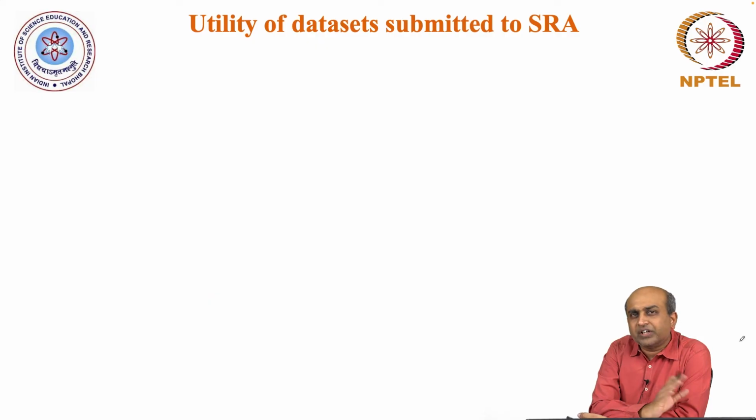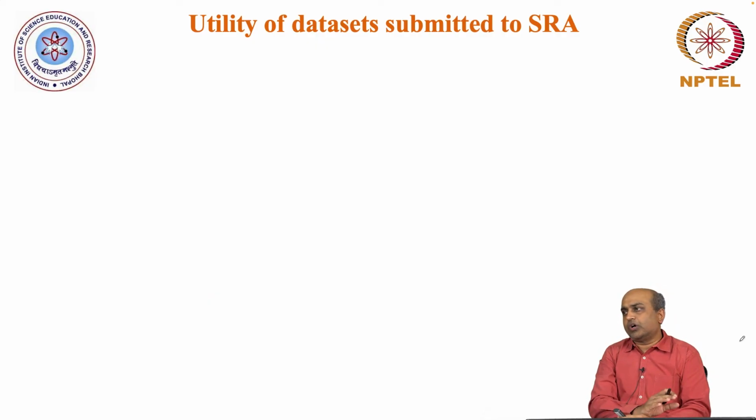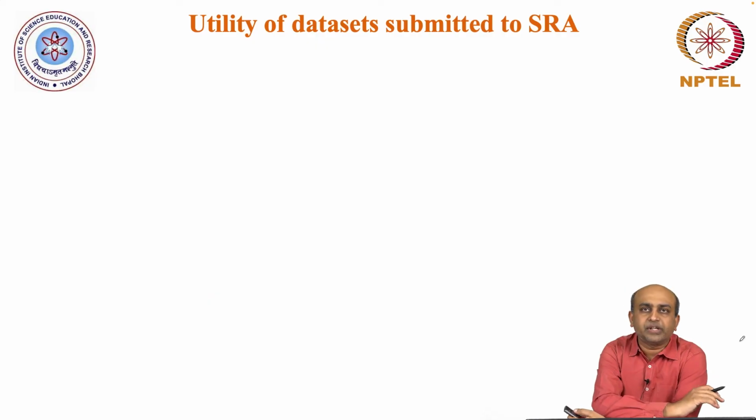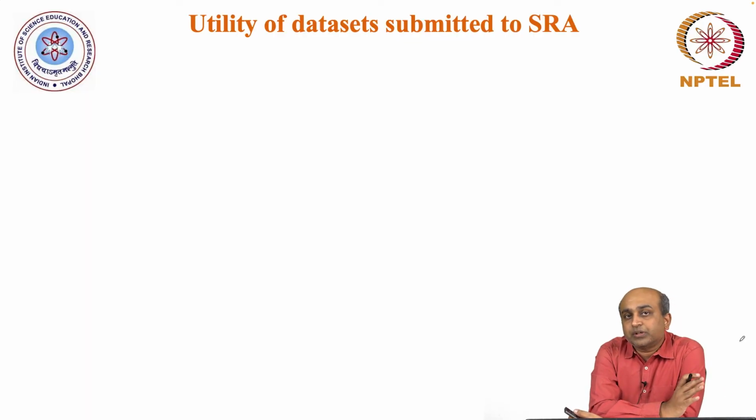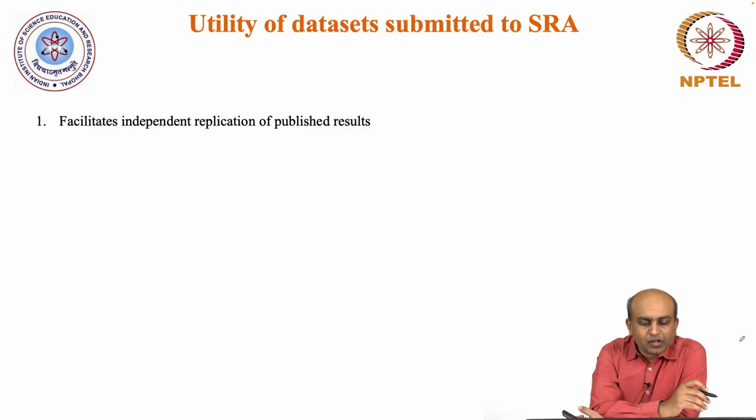But what are the different uses of these data sets that are submitted to SRA? Because data is being submitted by people from all over the globe, people are generating data for whatever different experiment they are trying to do. But this availability of data, which is freely available, open to anybody, allows independent replication.